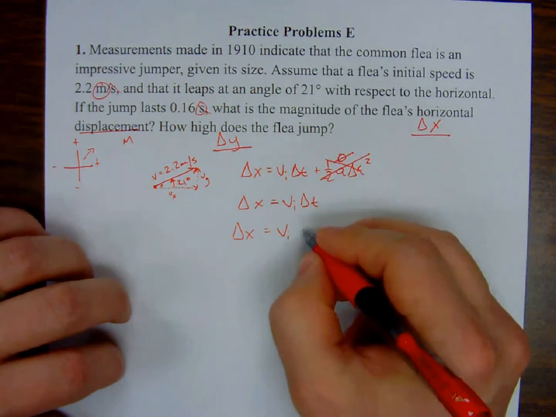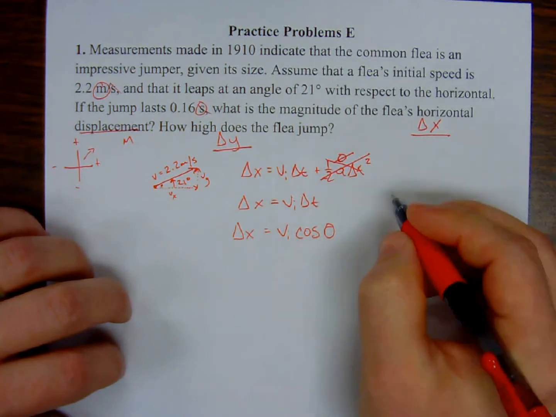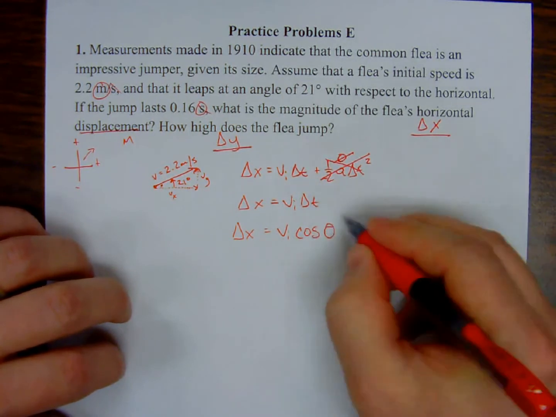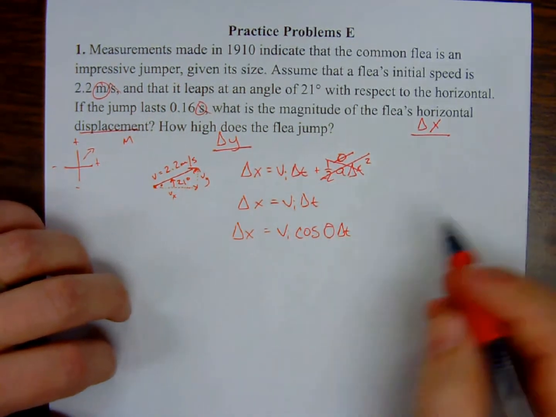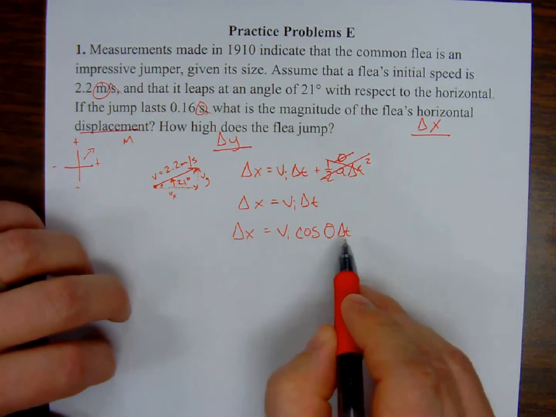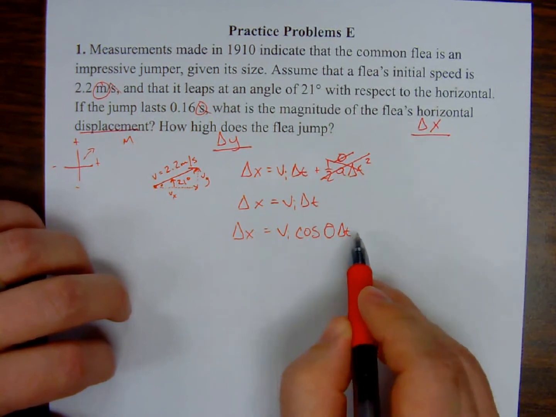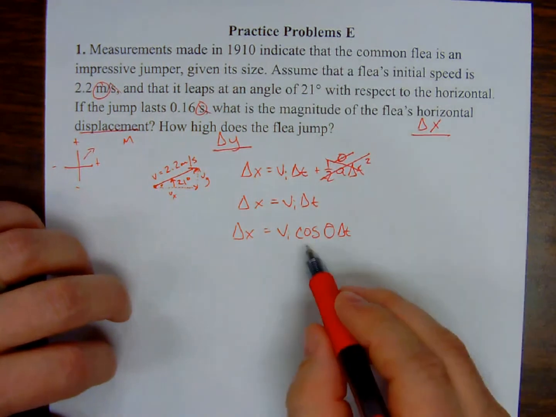You guys know how multiplication works, so I put the cosine in between the initial velocity and delta time. You could put it at the end, it doesn't matter, because multiplication happens at the same time. This is just how I was taught in school, so this is how I'm going to represent it. So we are being asked to solve for horizontal displacement. We have an equation that will solve for horizontal displacement, so let's go ahead and plug everything in.